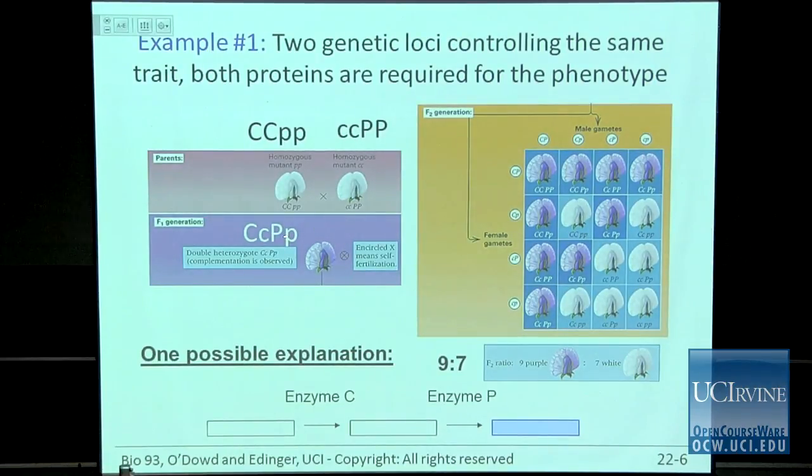Now when you cross these F1s to make the F2 generation, you do a dihybrid cross, standard Punnett square, just like Friday. All these gametes are going to show up with equal frequency, so you get the genotypes in the Punnett square. But now we have to assign the phenotypes. And remember, if you don't have C or you don't have P, then you end up white.